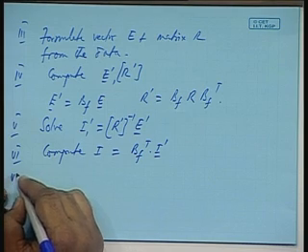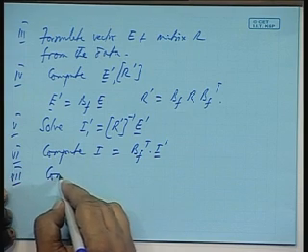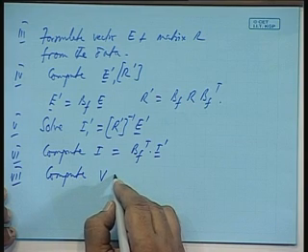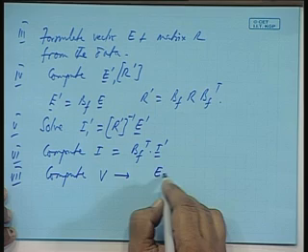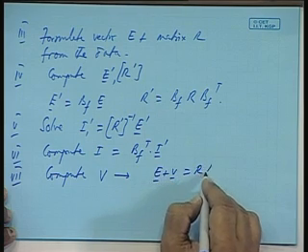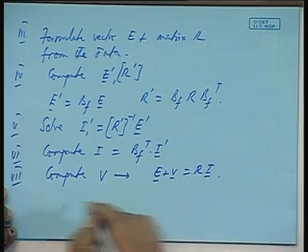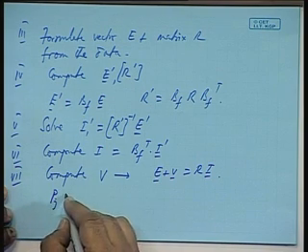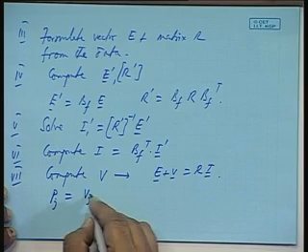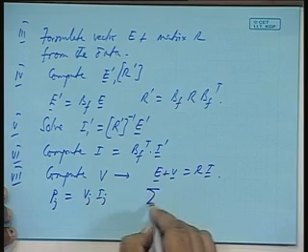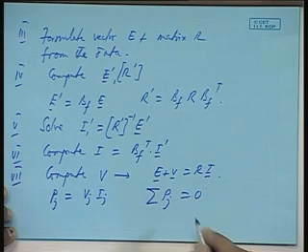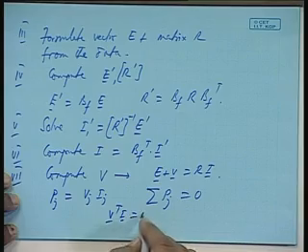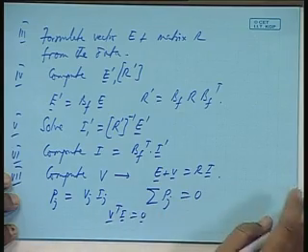Then compute V from the relation E plus V is equal to R into I, and then compute Pj equal to Vj into Ij, and then the summation of Pj, that is the same as V transpose I, should be equal to 0. V transpose I is basically this sum.